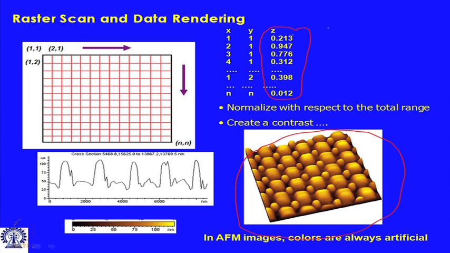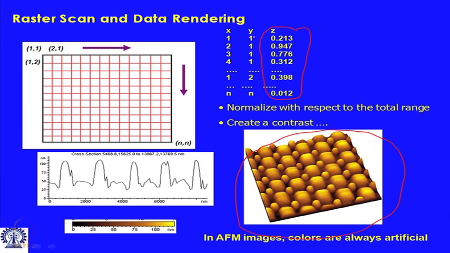So, this is the grid over which the rastering has been achieved, at every point x and y. As we have already pointed out, depending on the direction of the fast axis and slow axis, the tip physically visits every point and captures the z information at that point.